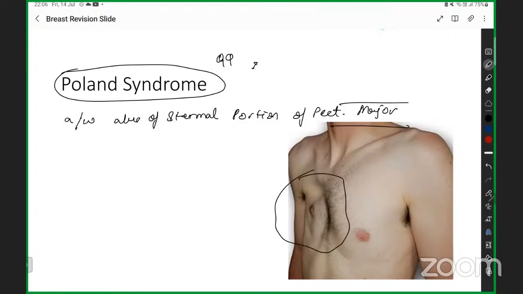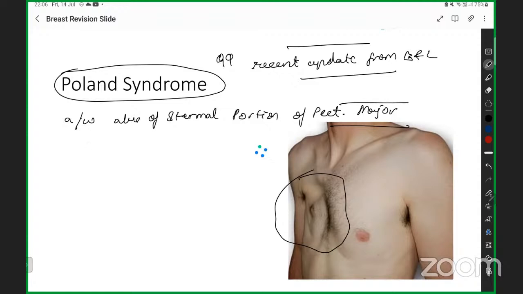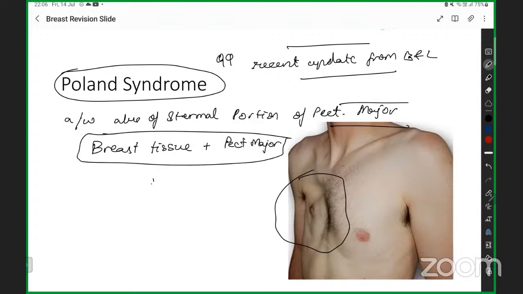This is also a recent update from your Bailey and Love, so I think you need to read this. Poland syndrome is associated with absence of the sternal portion of the pectoralis major muscle. You won't have breast tissue in this condition. Breast tissue is not there, and along with it the pectoralis major is also not there. Both are going to be absent.